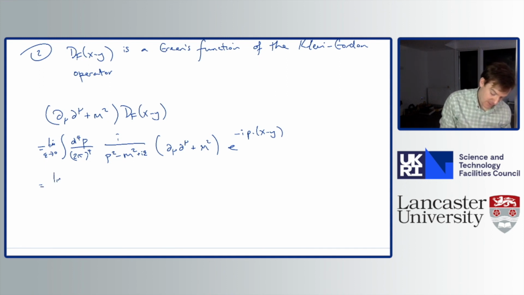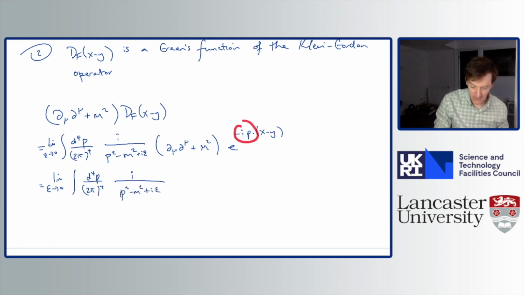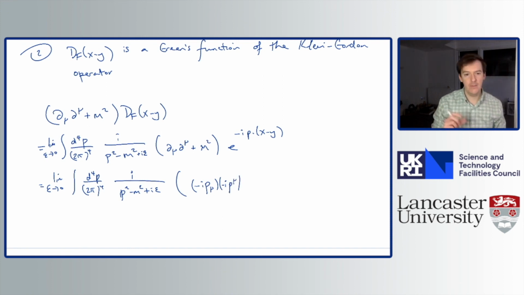Okay, so what happens? The derivative simply pulls down a factor of minus i p mu from the exponential, so I'll get a factor of minus i p mu, with one index up, one index down.